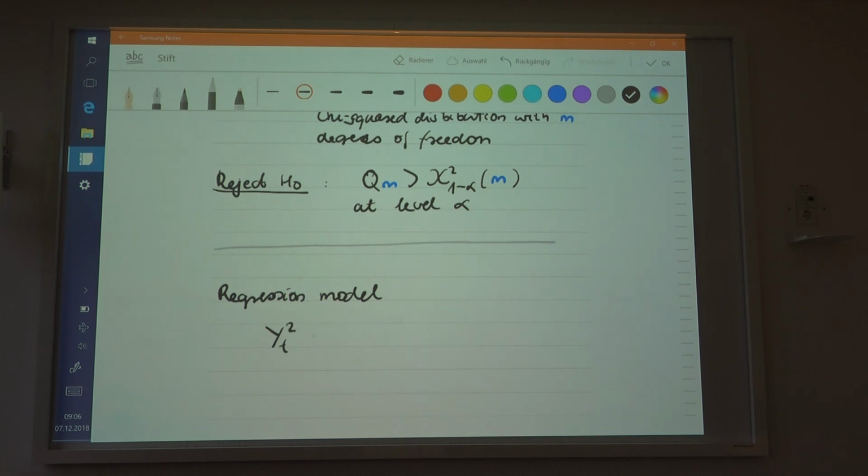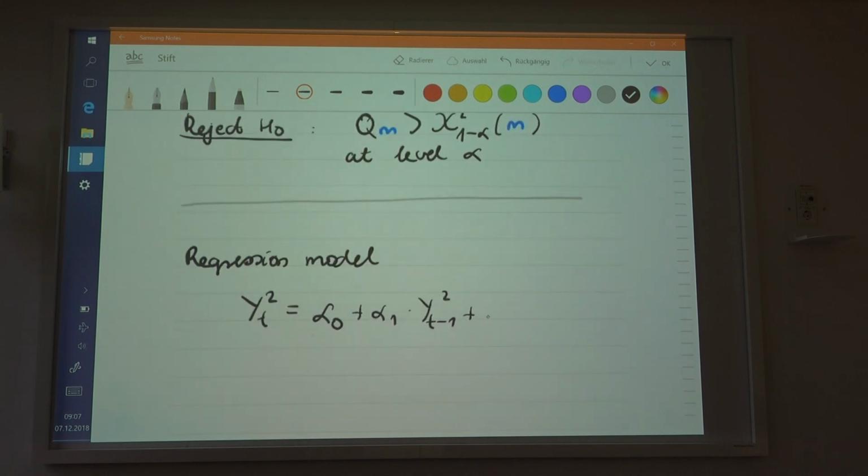So in this case you would have alpha 0 plus alpha 1 times the square of y_{t-1} plus alpha 2 times the square of y_{t-2}, etc., and the last one will be alpha q times y_{t-q} squared, and then plus epsilon t. So this is the regression model that you estimate.